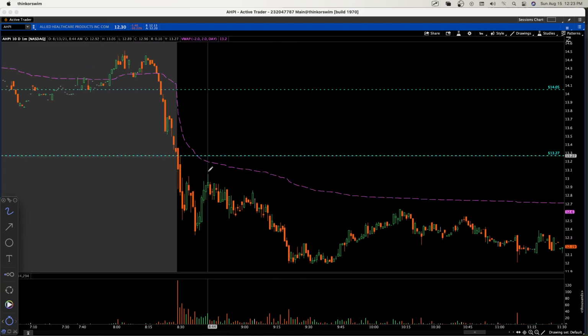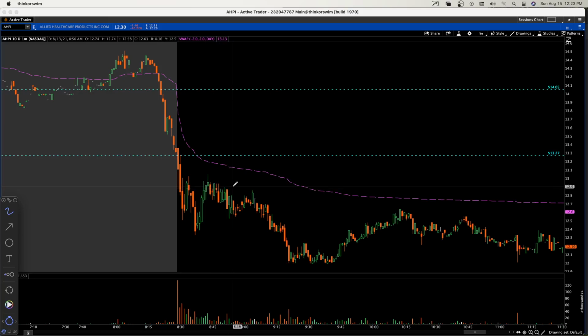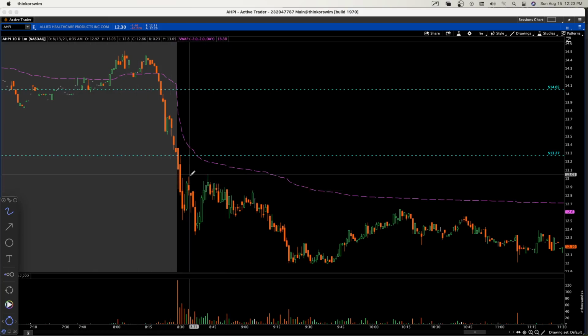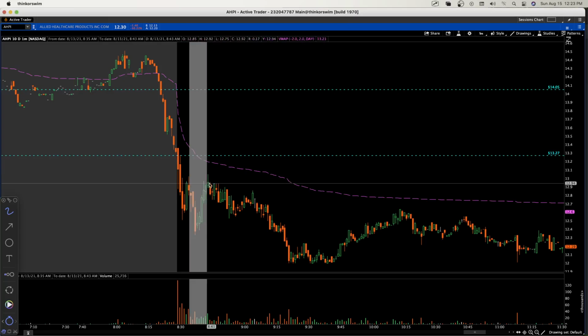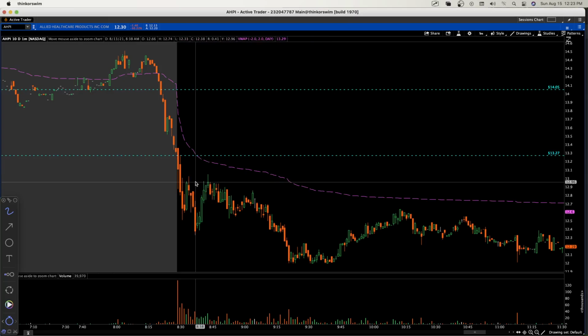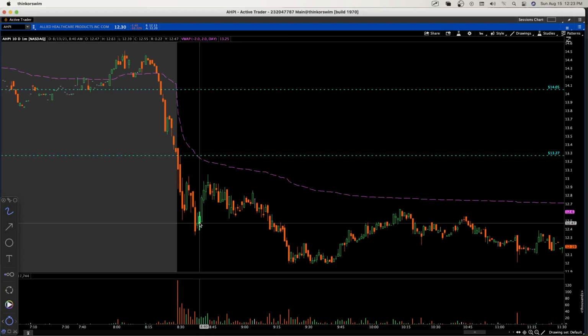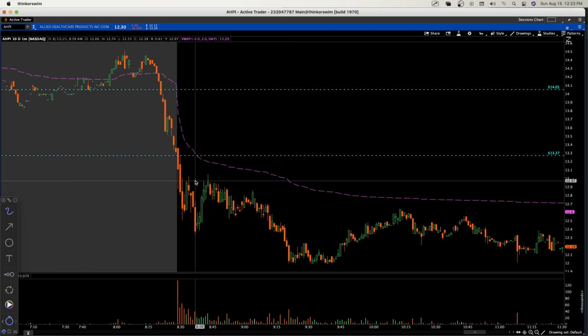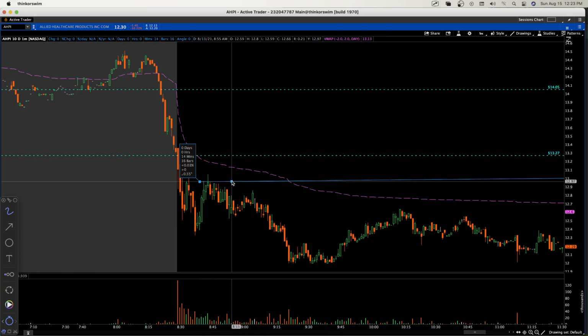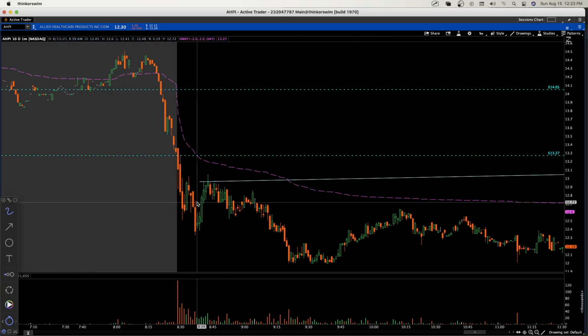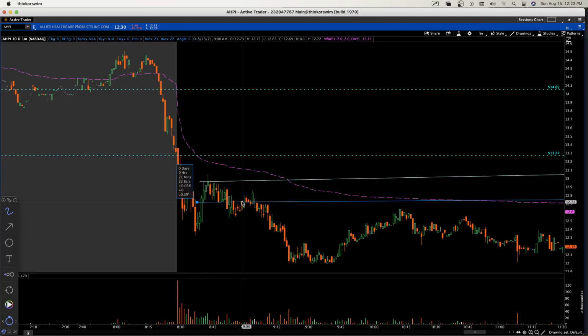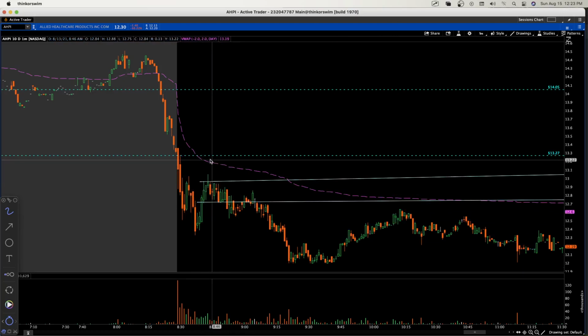Okay, so we are consolidating here, right? Let me draw a little trend line here. We're kind of consolidating in this area, right? But look at VWAP.